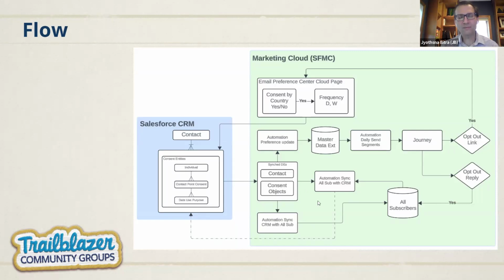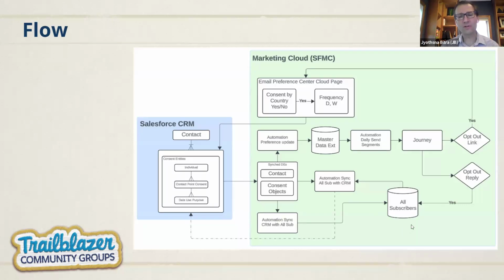The first automation that we're looking to utilize is that we want to sync all subscribers with that consent model in Salesforce CRM. So you might have a subscriber, which in our example, we're going to use a contact. It also could be a lead or other types of subscribers.